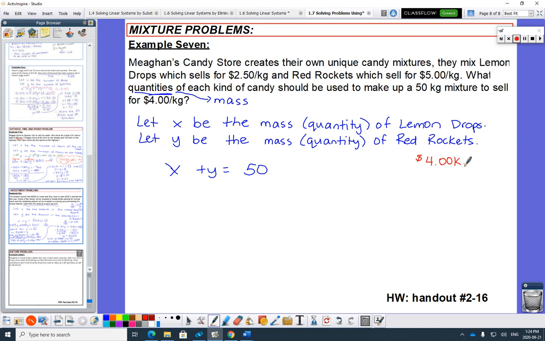We want the total to sell for $4 a kilogram. How many kilograms are we trying to aim for in our total? Times 50. So we want the bag to cost 200. 4 times 50. Okay?